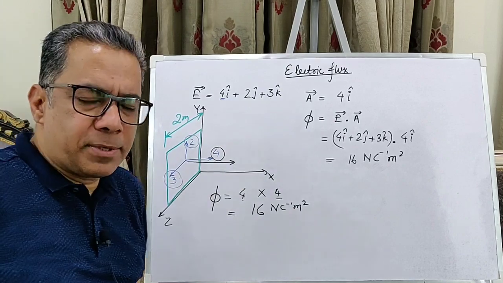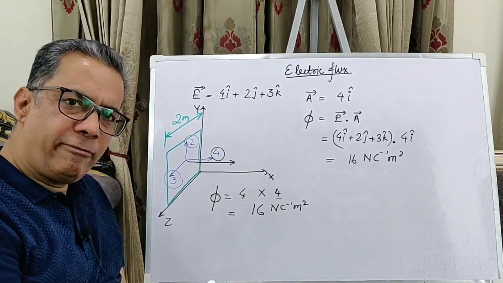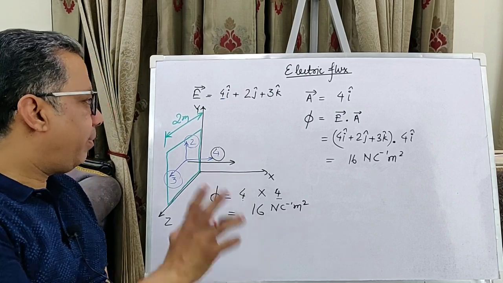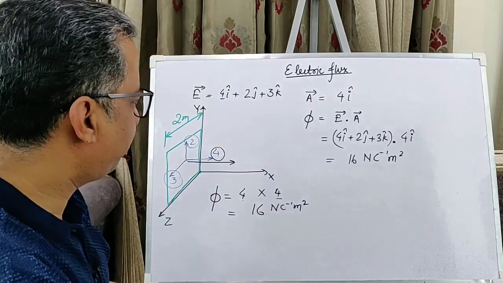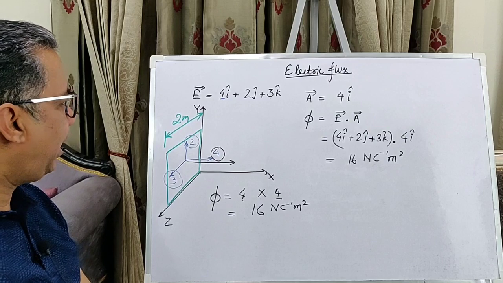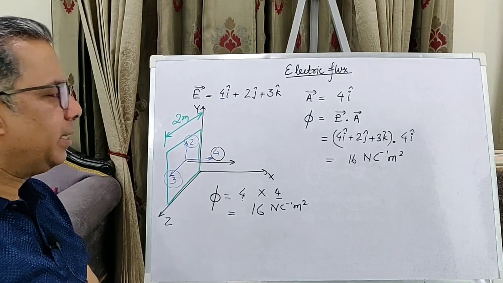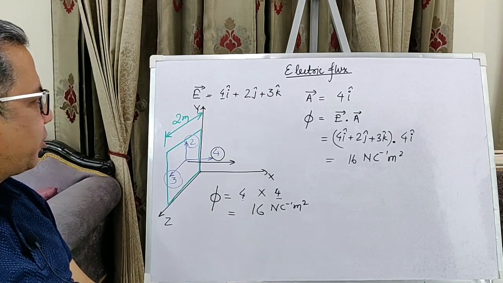this is the concept of what we call electric flux. A simple example, just to begin with. Let's have a more complex case of calculation of flux. In this particular example, the field was constant.